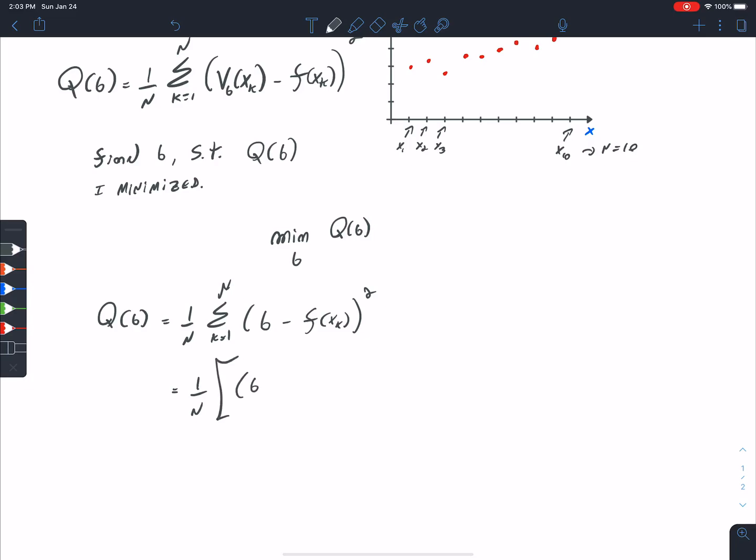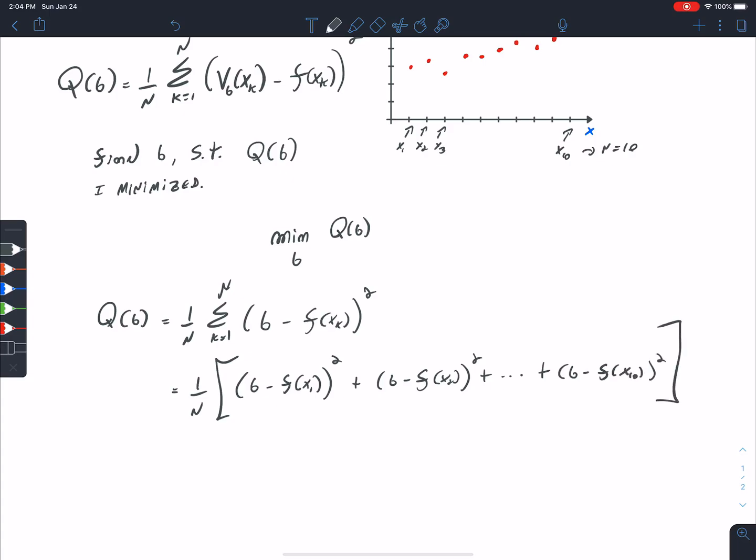So we have term number 1, b minus f of x1 squared, plus b minus f of x2 squared, plus we keep doing this until the 10th term in this case, right? Because n equals 10, b minus f of x10 squared.